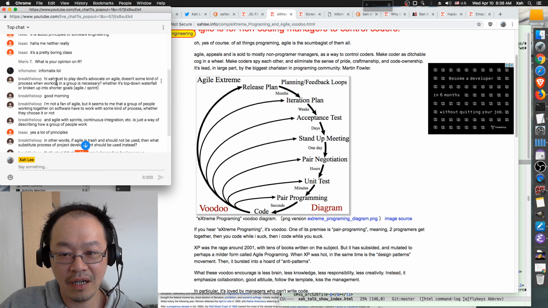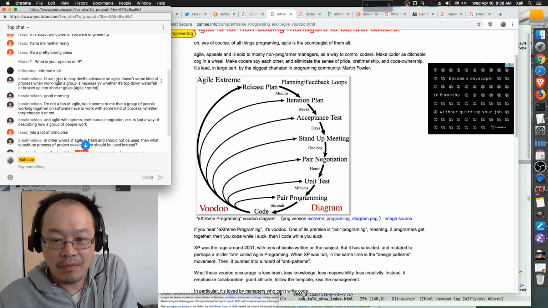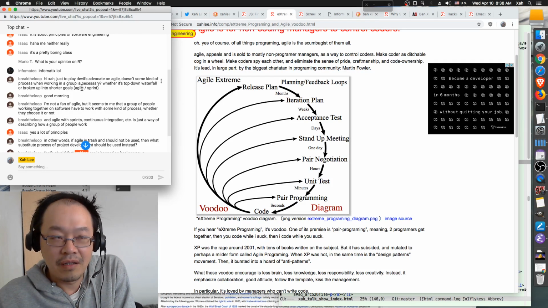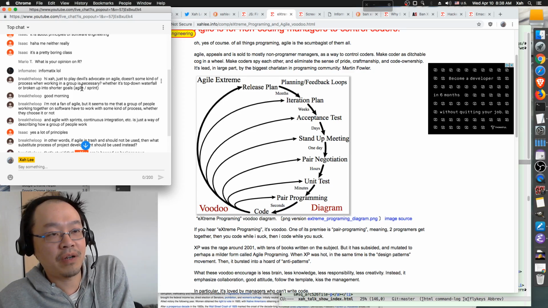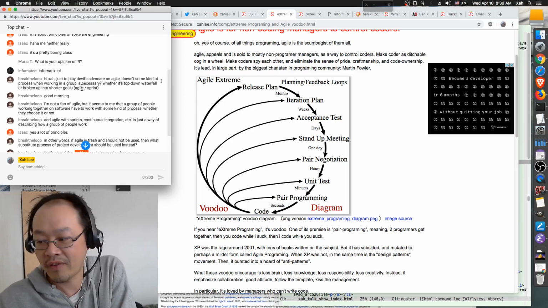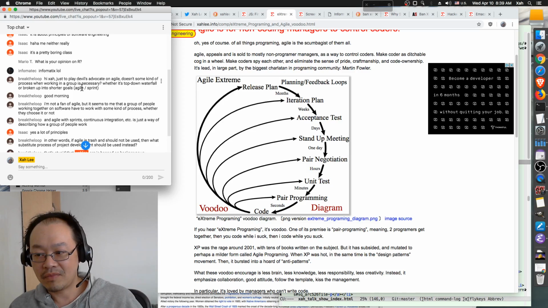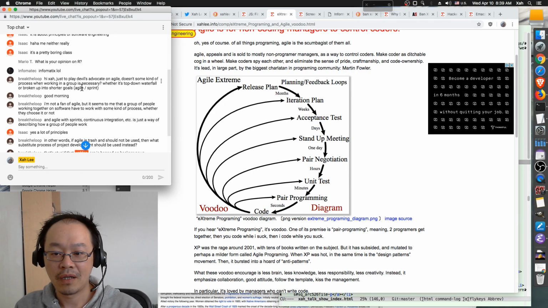So Hexa says, just to play devil's advocate on Agile, doesn't some kind of process when working in a group become necessary? Yeah, of course, whether it's top-down waterfall, some kind of process is absolutely necessary. It doesn't matter whether in running a company, in software development, on the road to be a mathematician, or in any collaborative project, there is usually some process, and there are many.